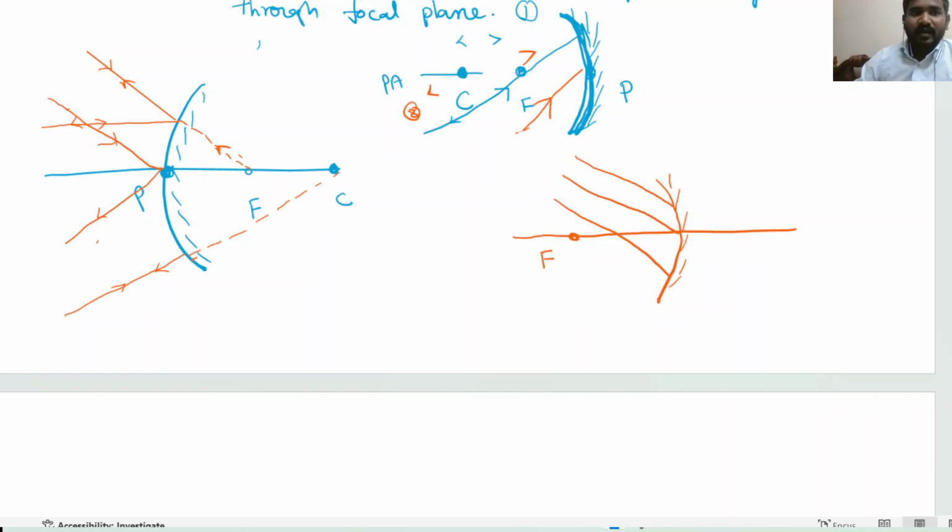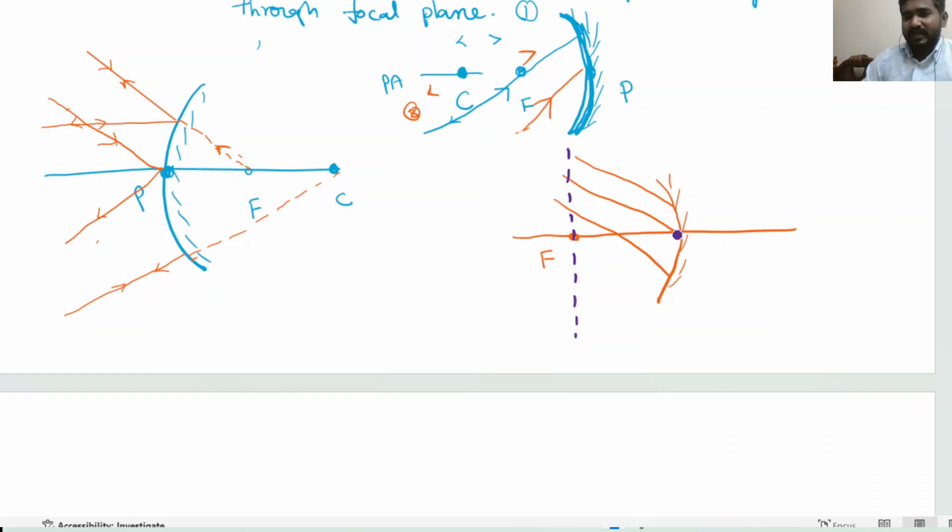First we need to draw one line perpendicular to the axis through the focus, like this. A plane passing through this line you can take as the focal plane.